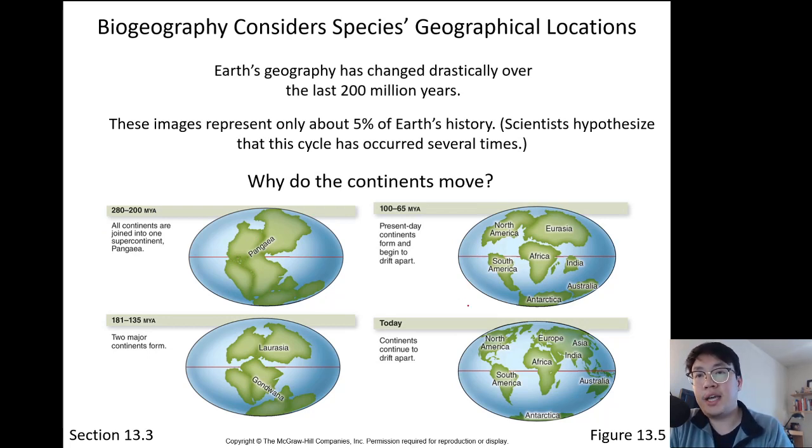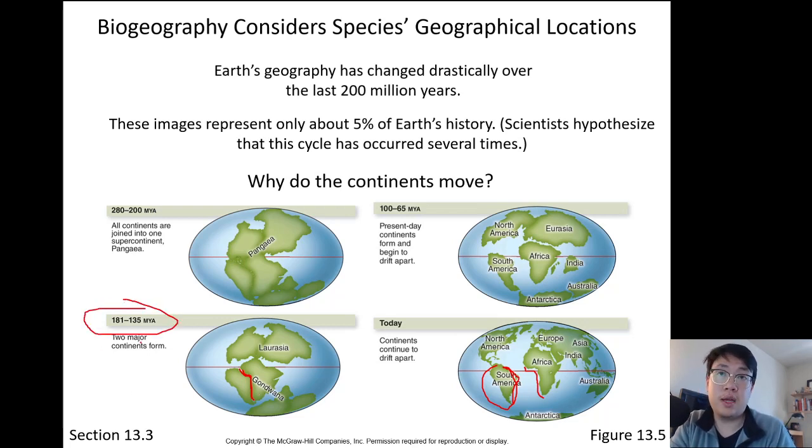This is present day South America, North America down here. You can see that South America has a nice, almost puzzle-like fit to Africa.